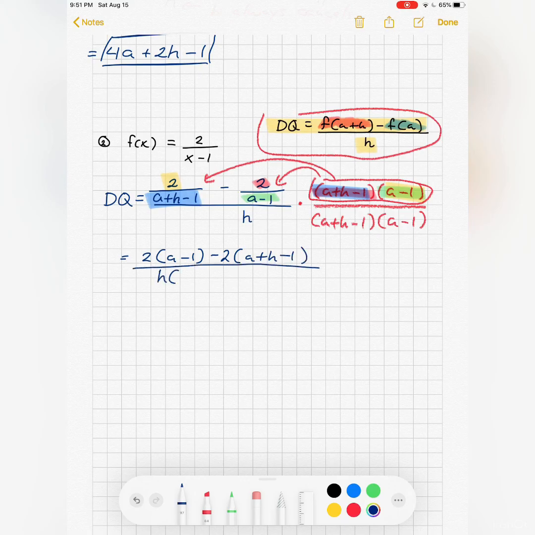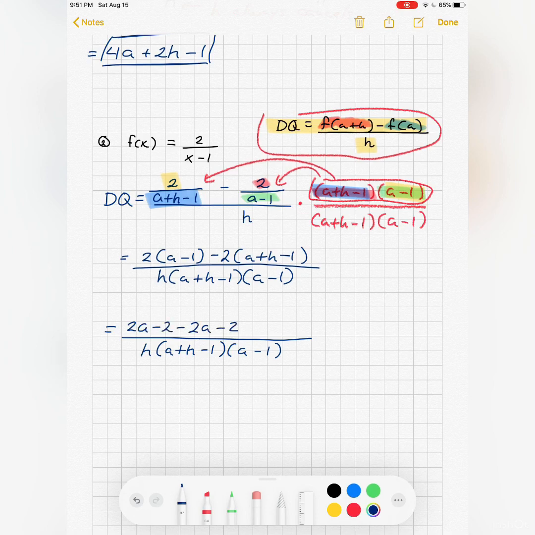Now the bottom, I'm just multiplying straight across. The denominator's already factored. I already have 3 factors multiplying, so that's done. The numerator, though, I still need to distribute so I can combine the like terms.